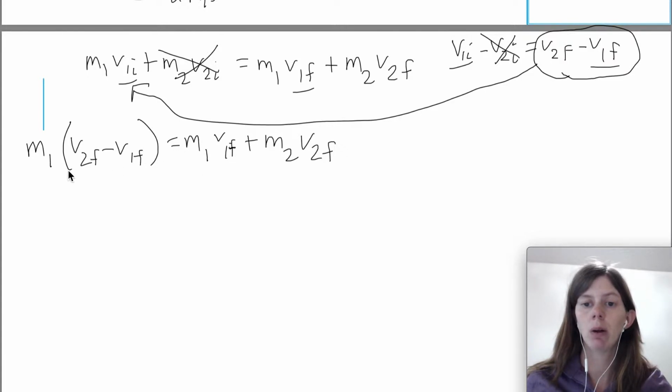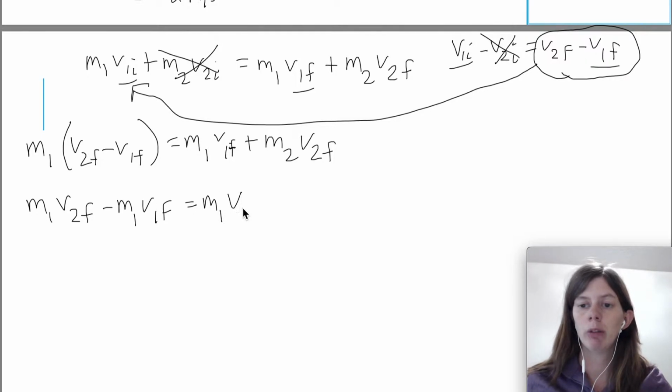And now we have to do some algebra. Our unknown in this equation is now V1 final. We have to get it by itself. We have to first get rid of the parentheses. We're going to distribute the M1 to both terms, so we get M1 V2 final minus M1 V1 final equals M1 V1F plus M2 V2F.